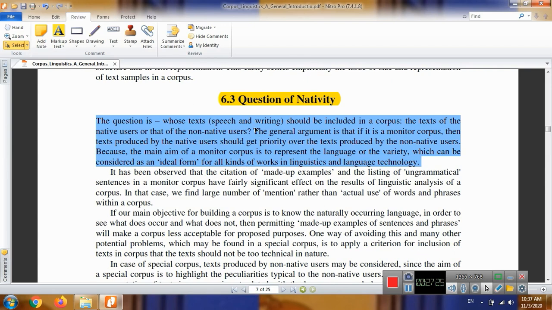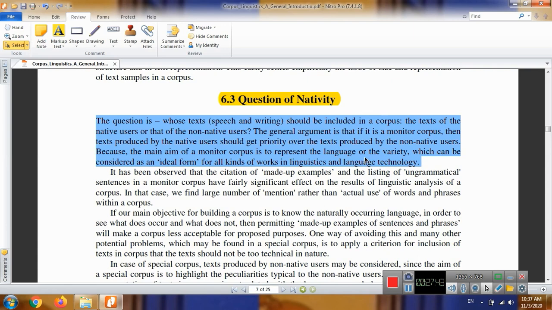I will repeat it again because it is important. The question is, whose text, we mean speech or writing, should be included in a corpus? The text of the native users or that of the non-native users?